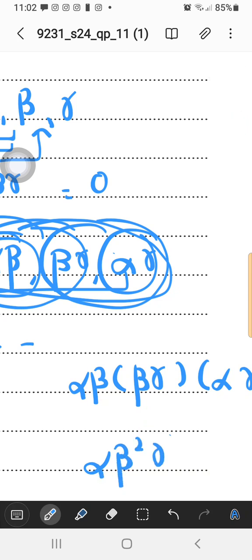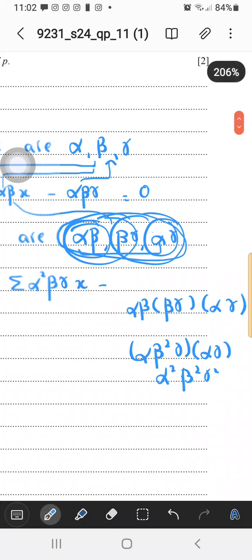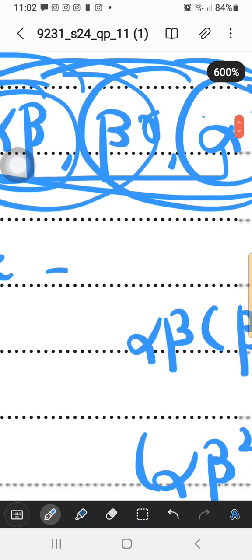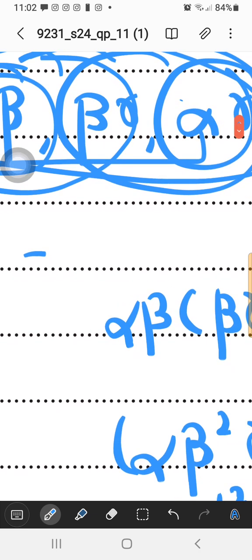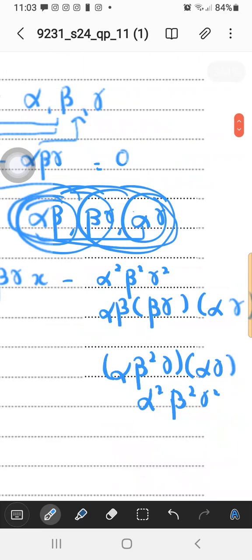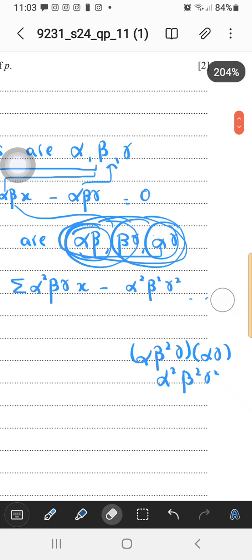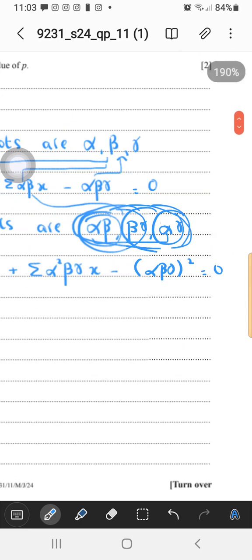It becomes alpha square beta square gamma square, which we can write as alpha beta gamma whole square, equal to 0.